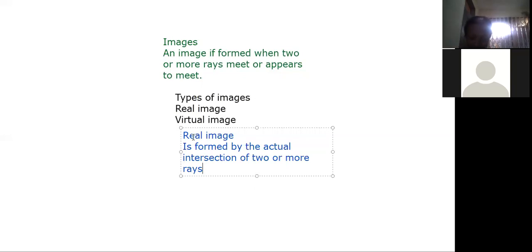I hope I made myself clear. So when we have two or more rays, and the rays are actual, when I say actual, they are visible, then we are saying that a real image is formed, and it is normally formed on a screen.